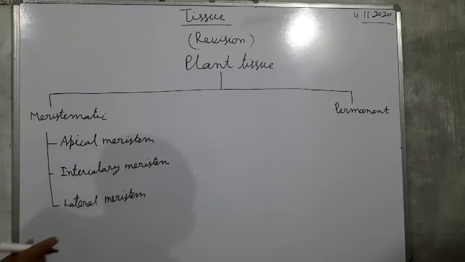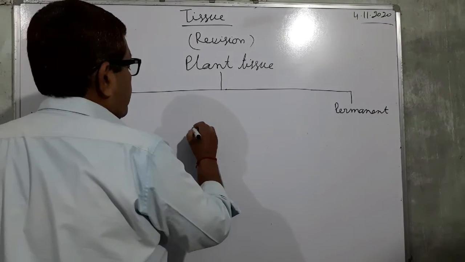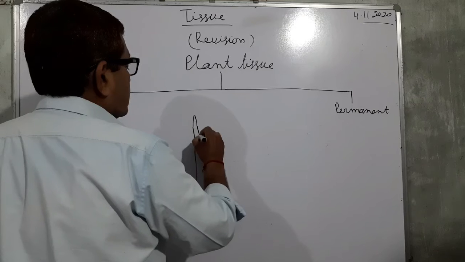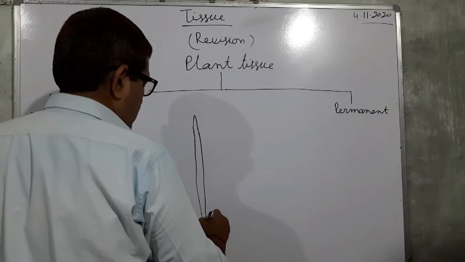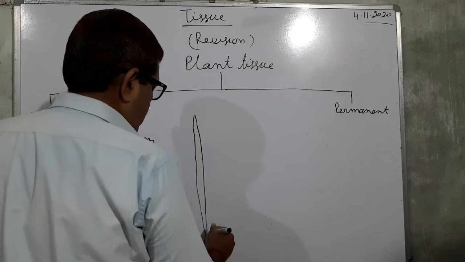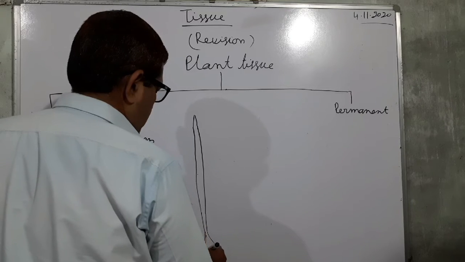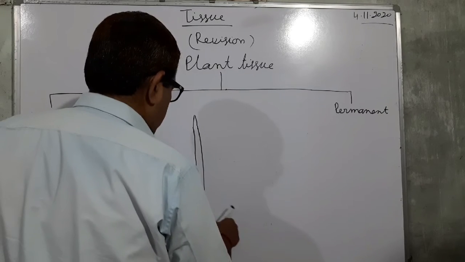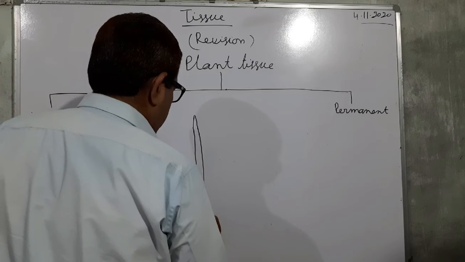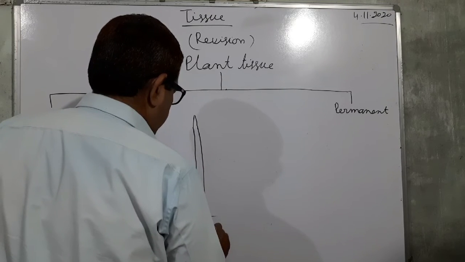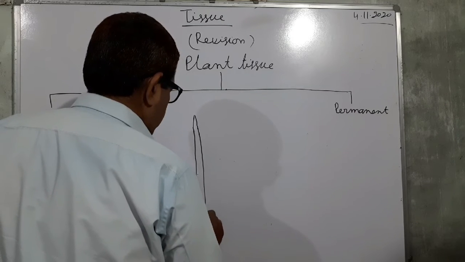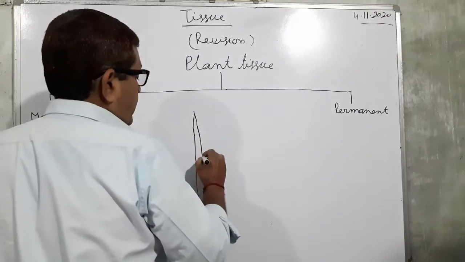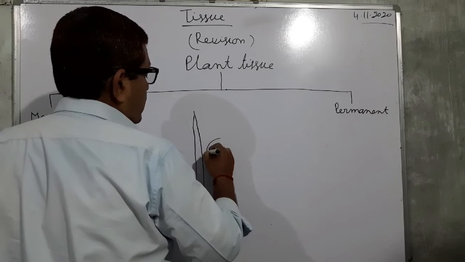So this apical meristem, as you study about the plant, in case of the plant, these plants have the root and this has the apex, and so many branches and leaves may be there.